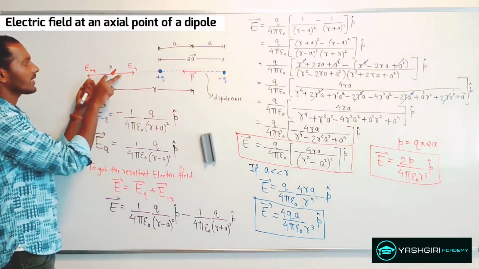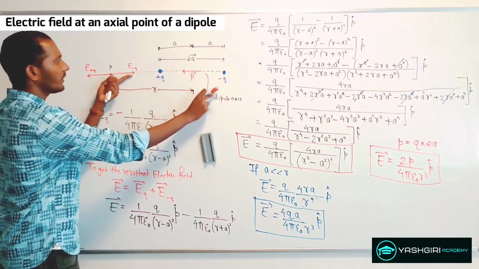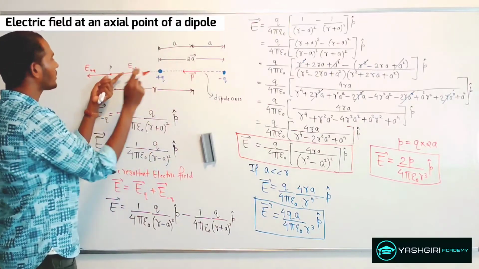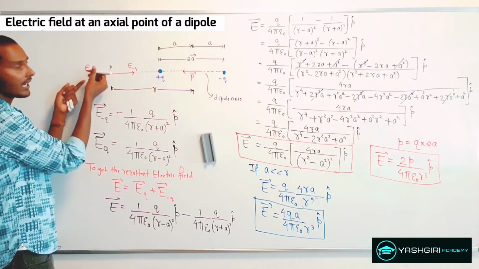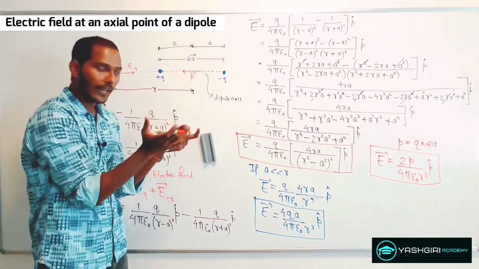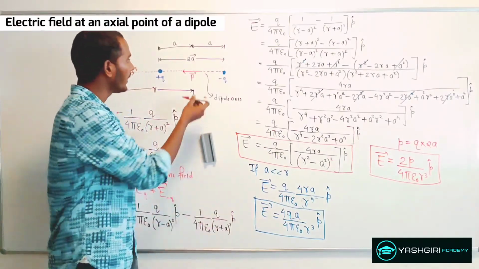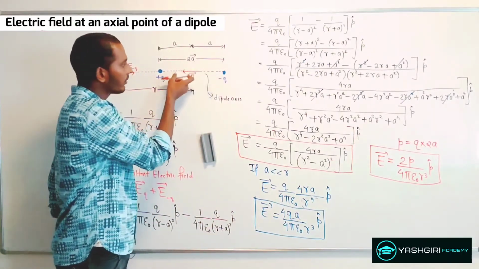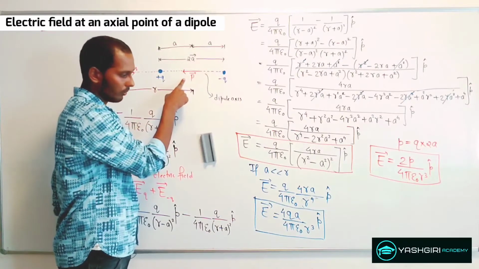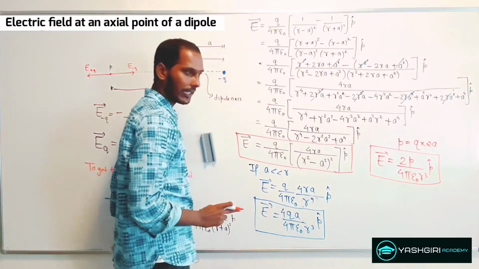Here you see the electric field due to the individual charges. This is the field direction due to the negative charge, and it is positive on this side. But when you see the net direction of the electric field due to both the charges, it will be along the direction of this dipole moment. So from this expression, I can say it's along the p cap.